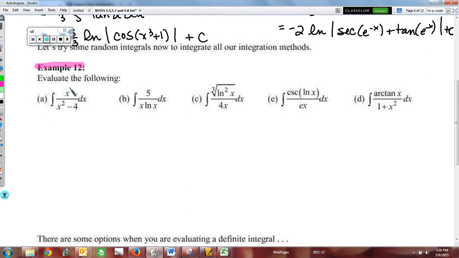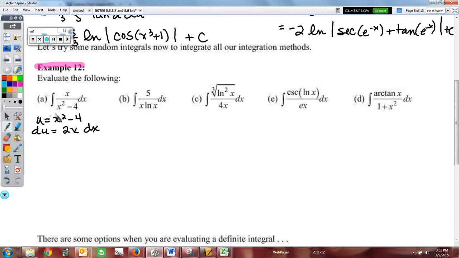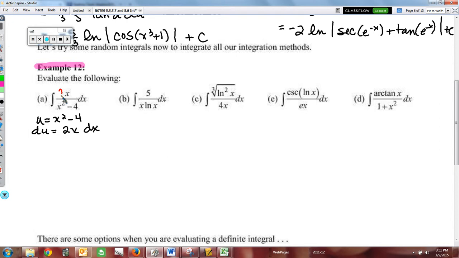In example A, this is clearly going to be a log rule problem. If I let u equal x squared minus 4, my du would be 2x dx. I see that I am missing a constant of 2 up here, so I add it in and put in a corrector.